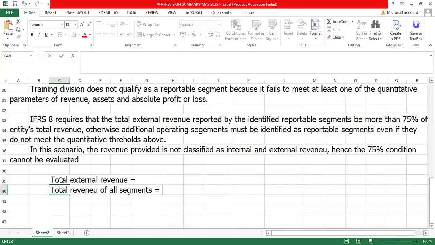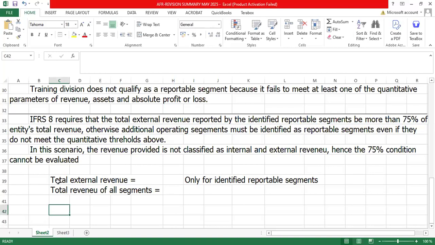Remember, this total external revenue is only for the identified reportable segments. But here, you are looking at all the segments, whether reportable or not.